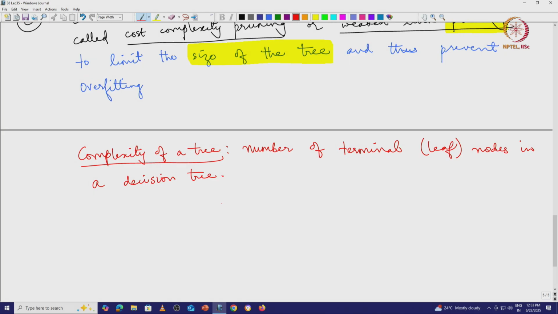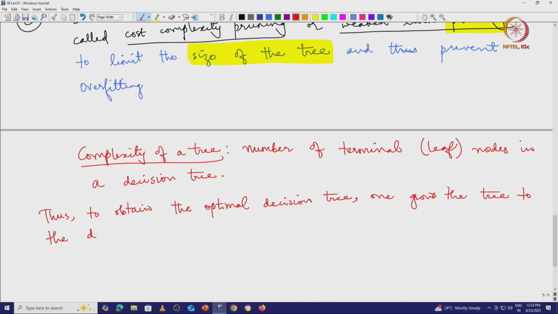So thus to obtain the optimal decision tree, one grows the tree fully or to whatever point we want, to the desired extent, and then comes back and regularizes it.